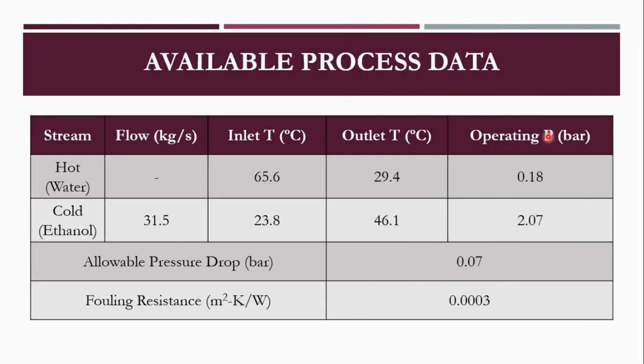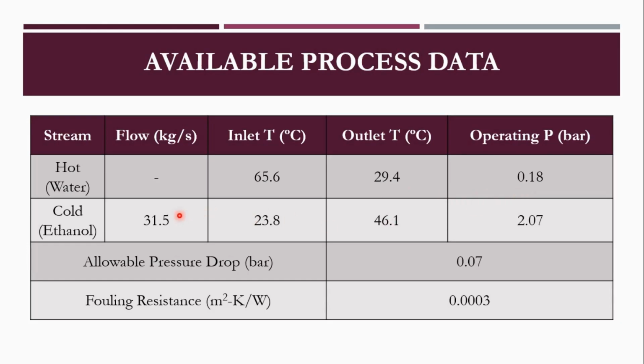Let's begin with the process specification. Our system consists of water on the hot side and ethanol on the cold side. For the hot water stream, the inlet temperature is 65.6 degrees Celsius and the required outlet temperature is 29.4 degrees Celsius. The operating pressure specified for the hot stream is 0.18 bar.